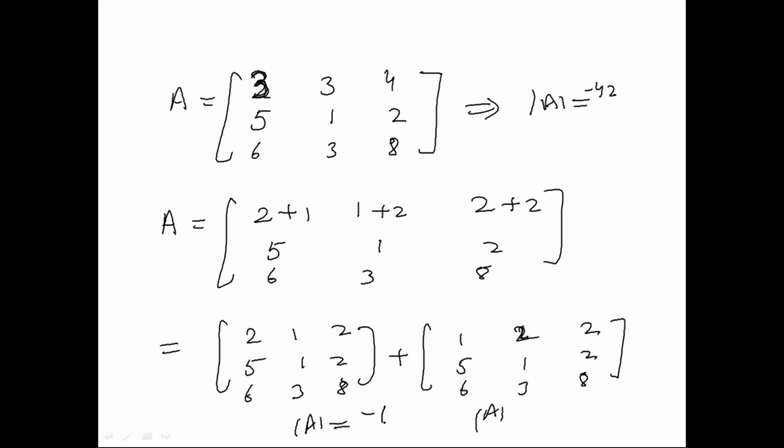Minus 6. And the other one? Minus 36. So I can see that minus 6 minus 36 will become what? Minus 42. That is what the point was saying. I hope the point is clear to both of you.